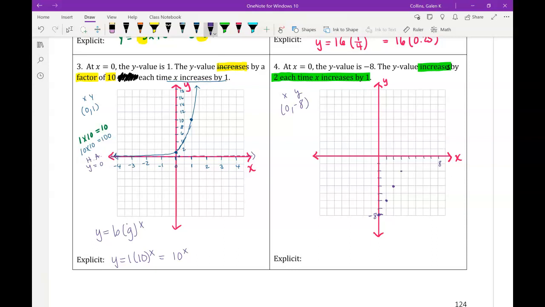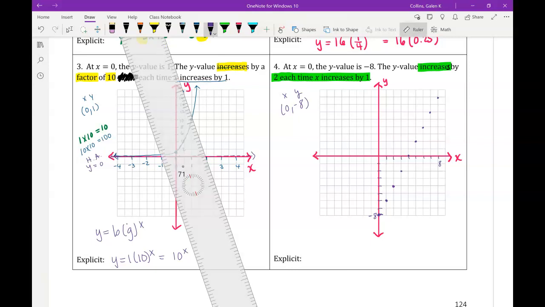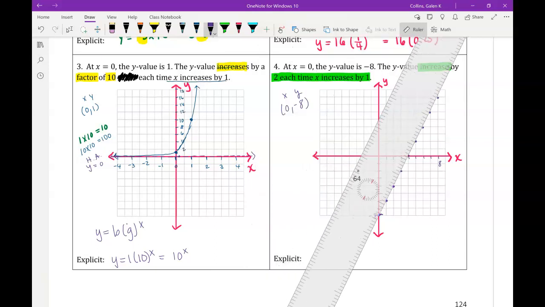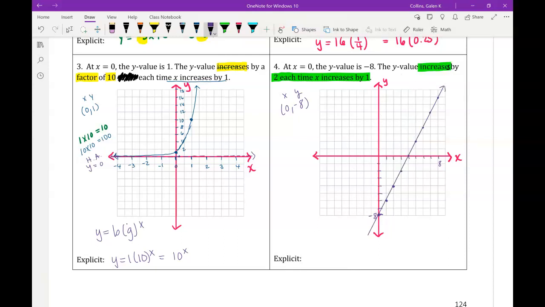You only need 2 points to make a straight line, but as we are still learning about linear and exponential functions, I would make sure you get a few points, because from 2 points only, if we don't know we're working with a line, I might have an exponential curve. All right, so when I connect my points there, and if I'd made my graph differently, I would see some part of my line in quadrant 3 as well.